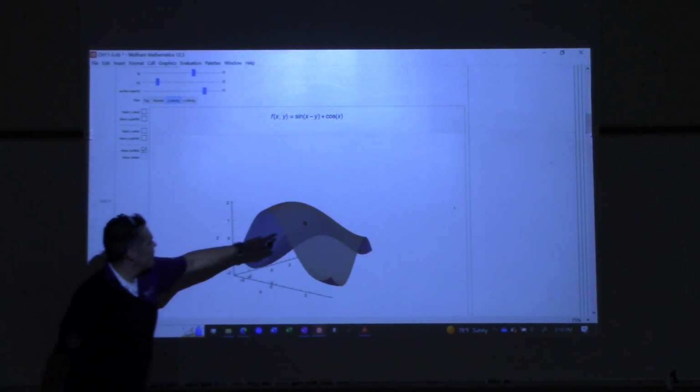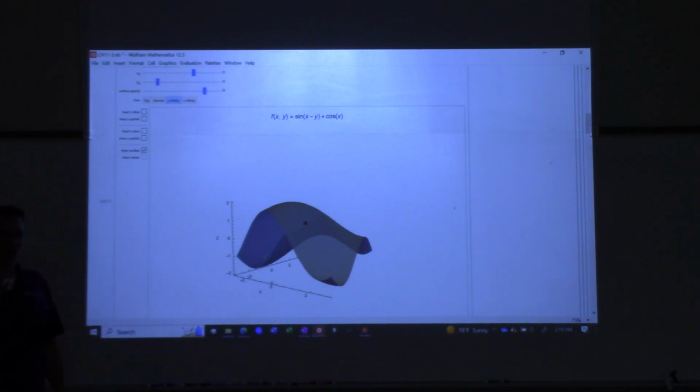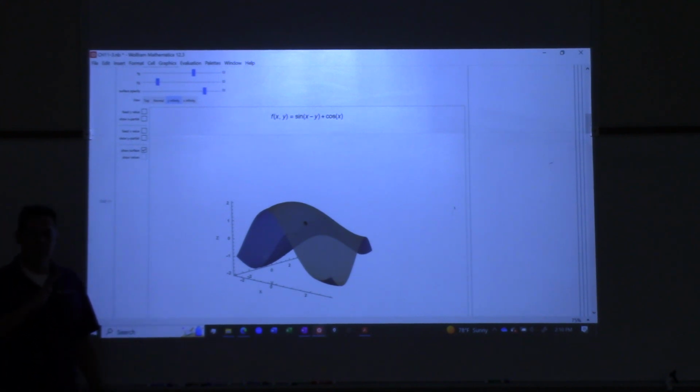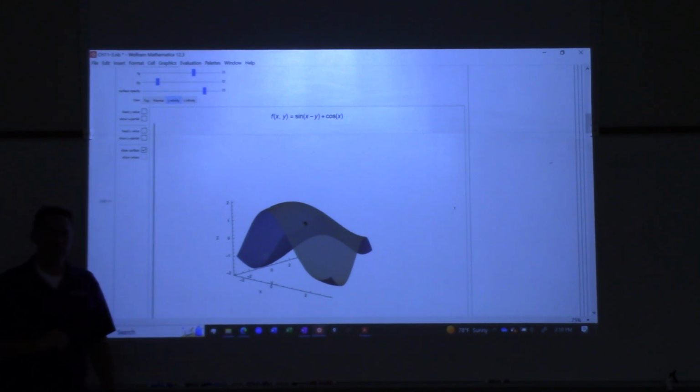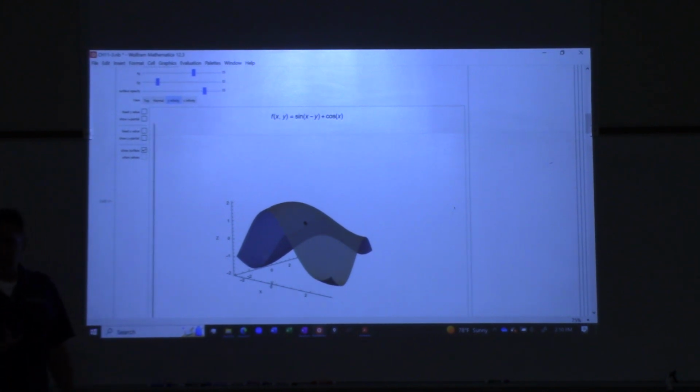There's a point. If I go to that point and start talking about the slope of a tangent line, it doesn't make any sense anymore, because there are a bunch of lines that you could consider to be tangent at that point. Do you all agree with that statement?